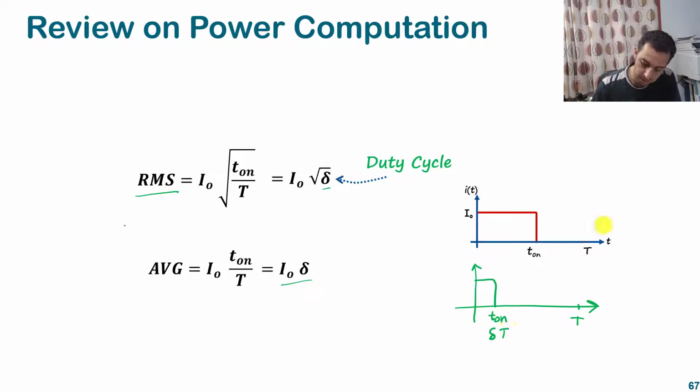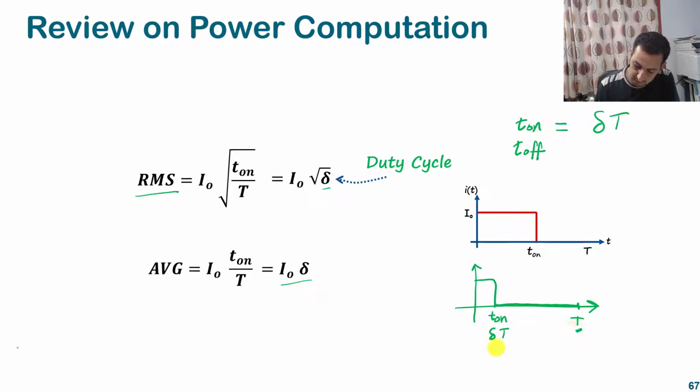I will tell you something. T on equals delta T. That's for making the drawing easy. And T off is the other portion, which is this time from there to there. What's that time?